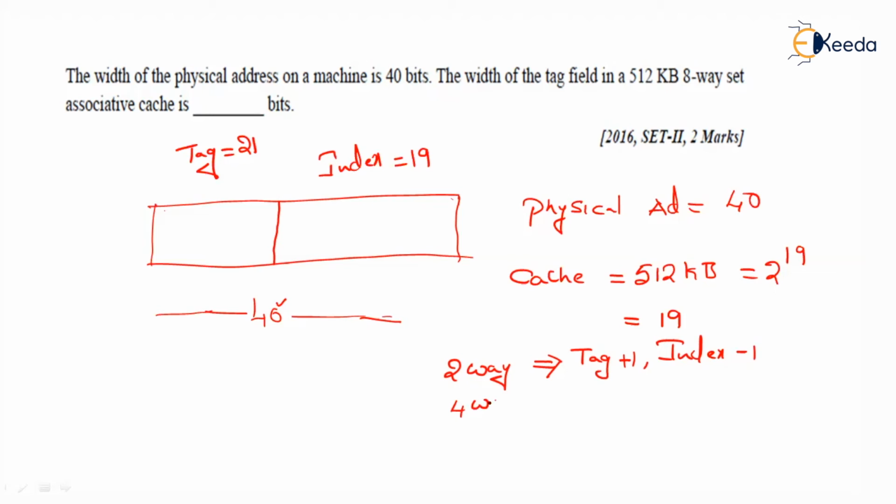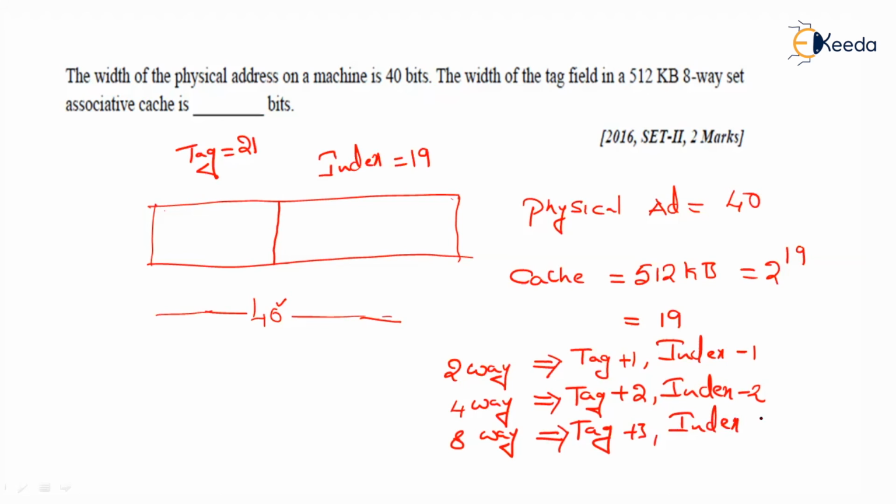For 4-way, tag is equal to tag plus 2, index is equal to index minus 2. When it comes to 8-way, 8 requires 3 bits, that is tag is equal to tag plus 3 and index is equal to index minus 3.